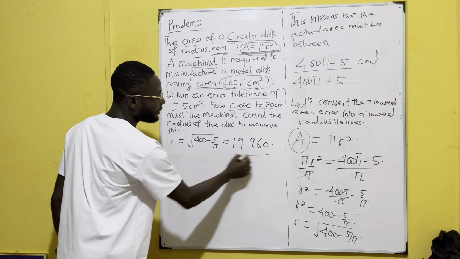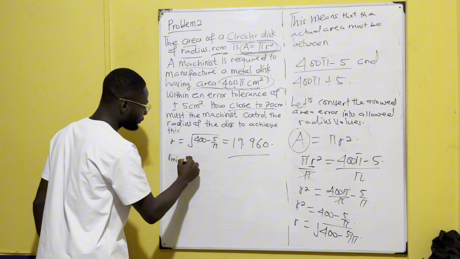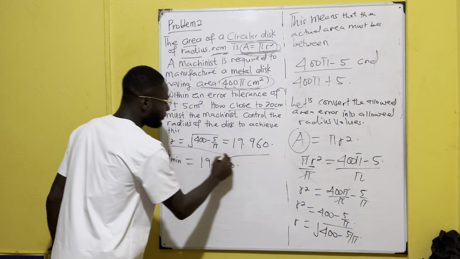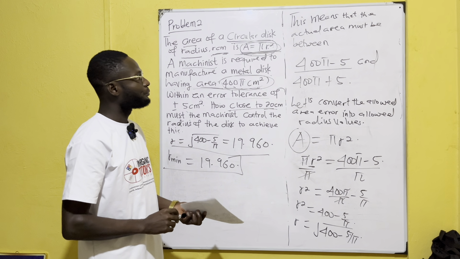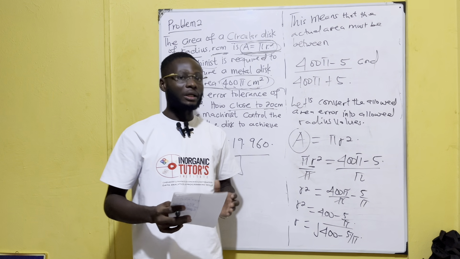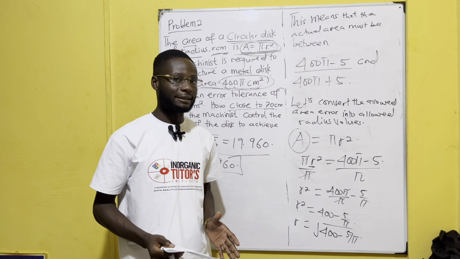Okay, so this is the value you have. So this represents the minimum radius. 19.960, the minimum radius. Okay, now let's move on to the biggest or the largest allowed area, right?